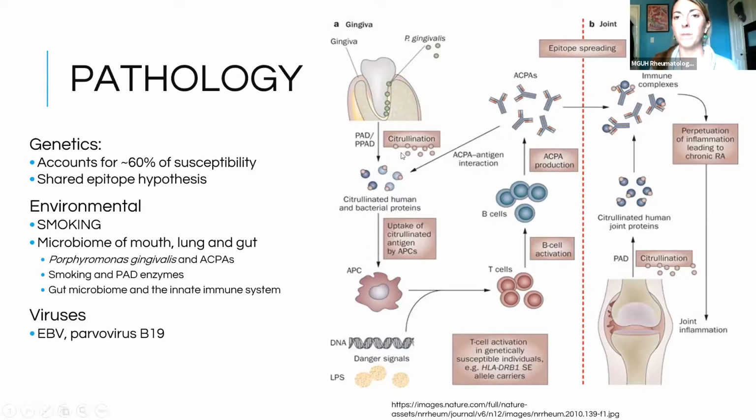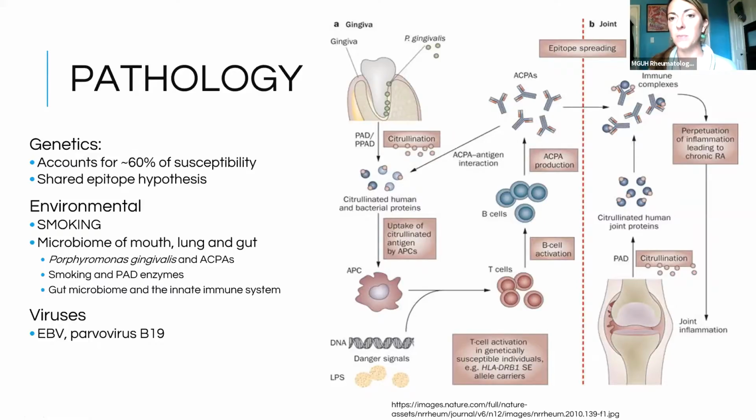The mouth is a nice example. We know this mechanism has been pretty well described. P. gingivalis is one of the bacteria in the mouth that can be present pathologically within the microbiome and can lead to gingivitis.